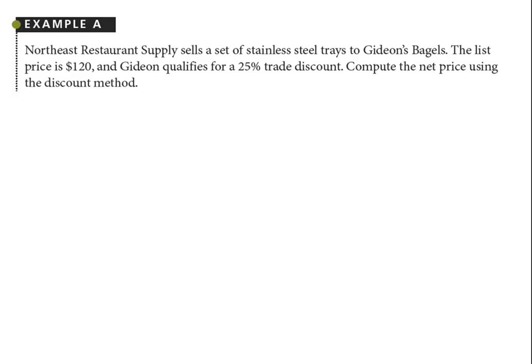Let's take a look at this example here. Here we have Northeast Restaurant Supply. Let's say that they sell a set of stainless steel trays to Gideon's Bagels. There's a list price of $120, and Gideon qualifies for a 25% trade discount. What we're going to do is to compute the net price using the discount method.